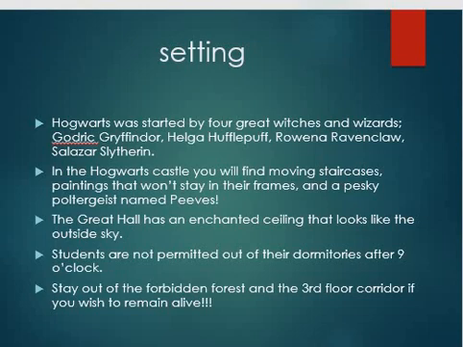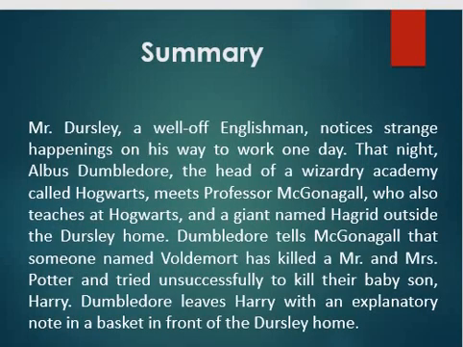After it, we are going to discuss the summary of Harry Potter. So let's discuss the summary. Mr. Dursley, a man of England, notices strange happenings on his way to work one day.